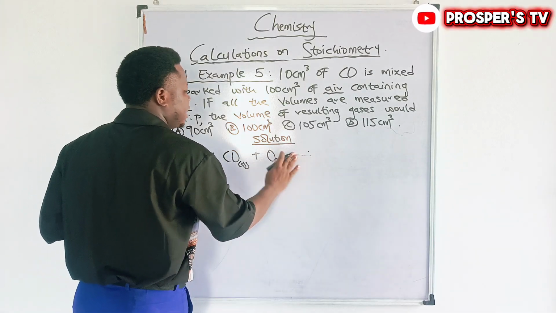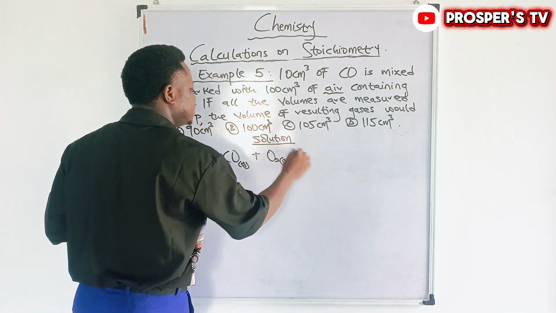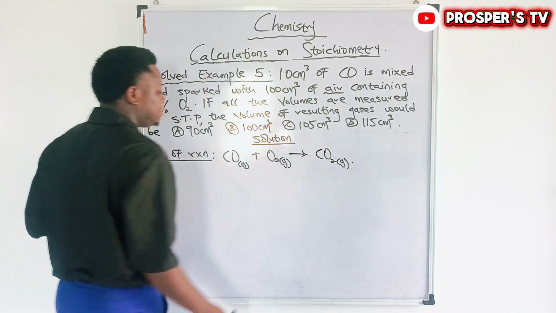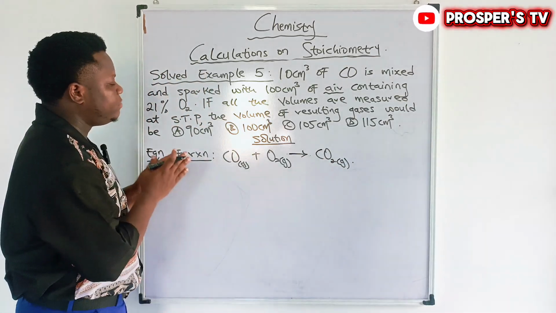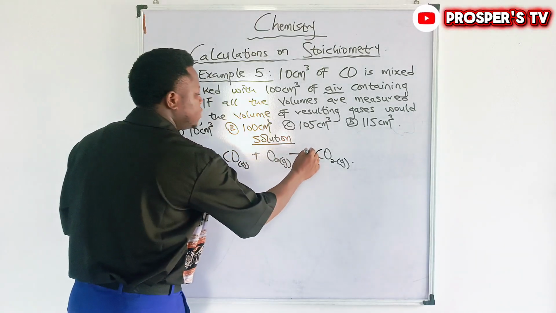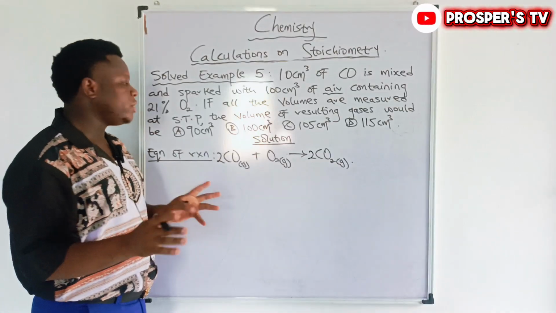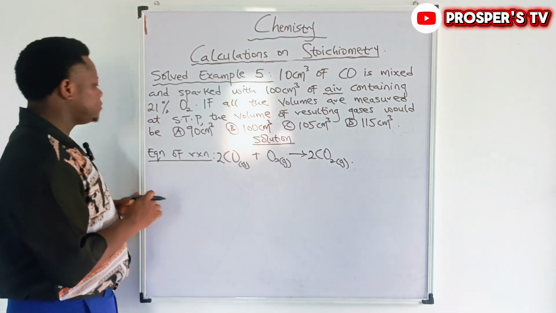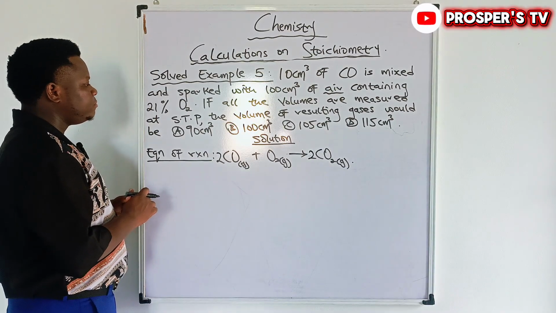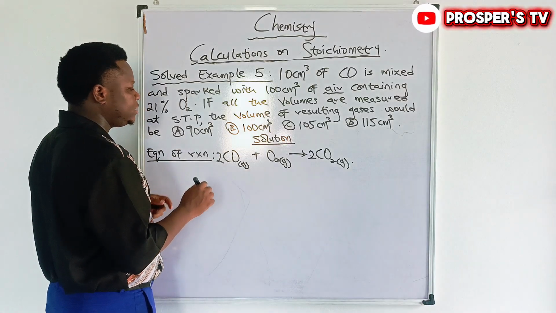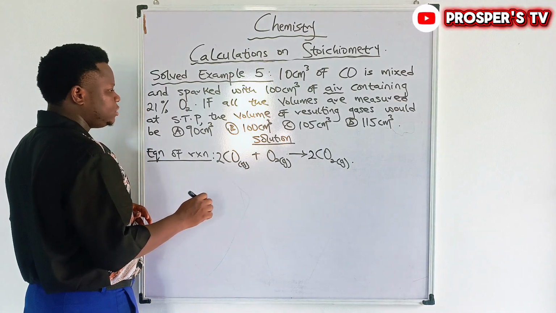And the product of this reaction, of course, is carbon dioxide, which is a gas. Then you confirm if your equation is balanced. I don't think so. If you place a 2 here and a 2 here, I believe our equation becomes balanced.